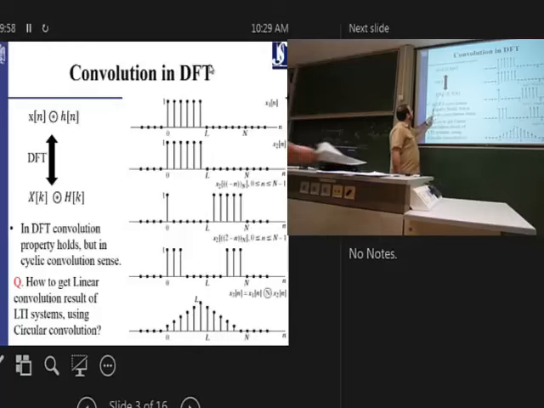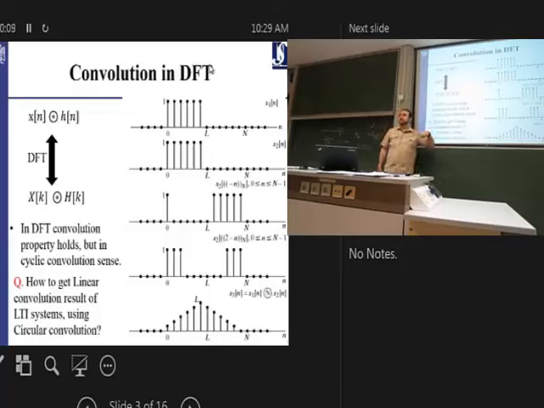Then in the DFT domain we have the multiplication of the DFT version of the signal times the DFT version of the impulse response. So the convolution gives us the multiplication. But the convolution that we have in the DFT domain is different from the convolution that we normally know as the linear or regular convolution.